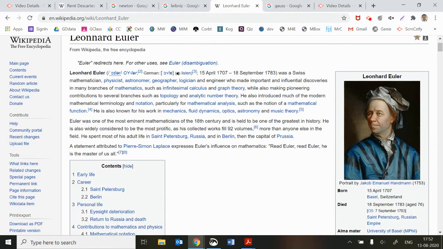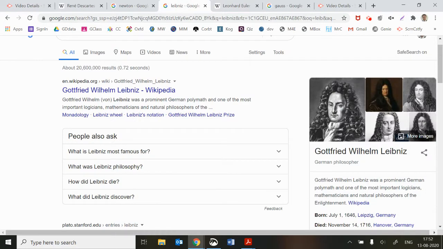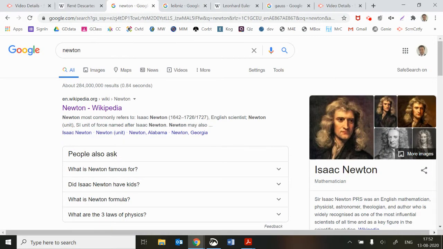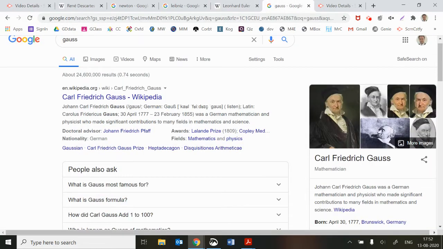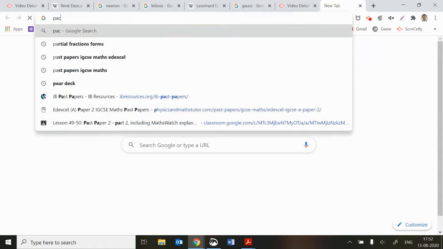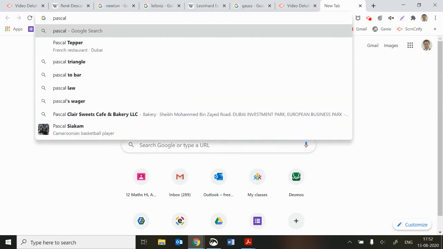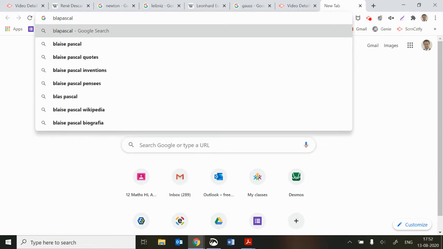Then we've got Euler, who overlaps, as Newton lives until 1727-ish, and Gauss overlaps him as well. These are all famous mathematicians. Then there's Pascal, whom we talked about for Pascal's triangle.